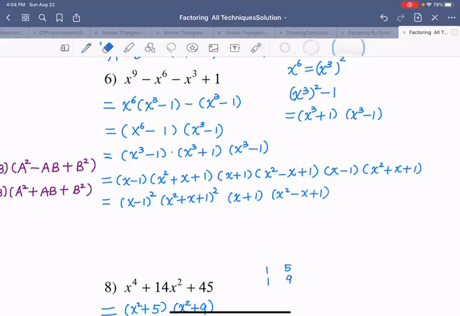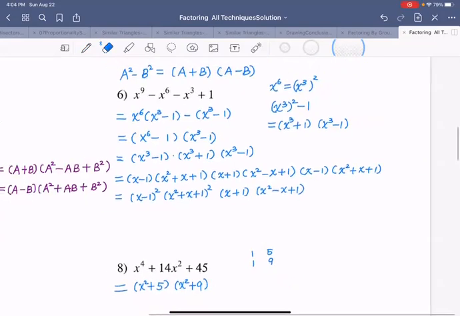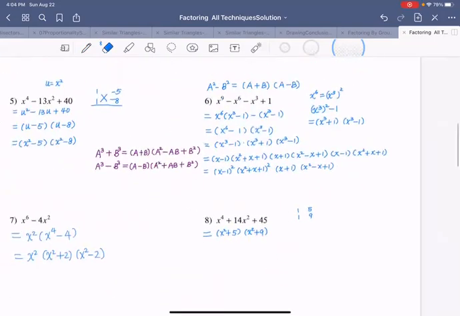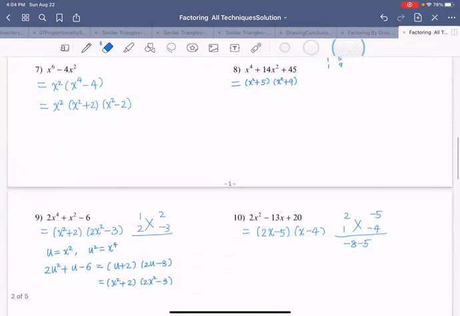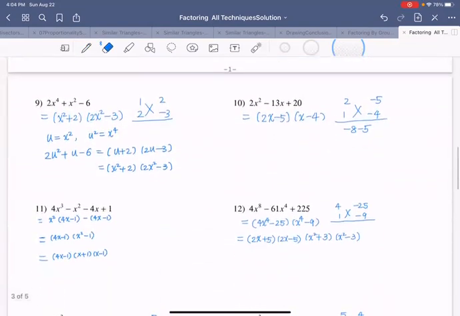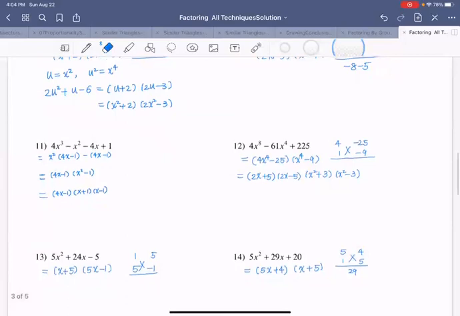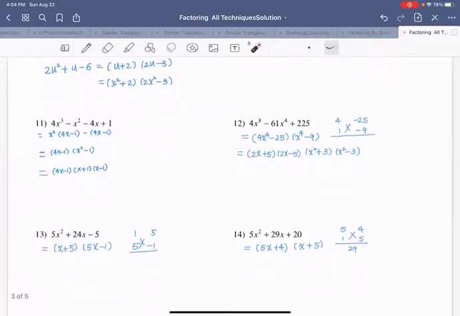Does this make sense? Yeah. Okay. All right. Let me see if there's some harder questions. Yeah, I think y'all can handle those other questions. This practices our factoring skills and u-substitution skills, okay?